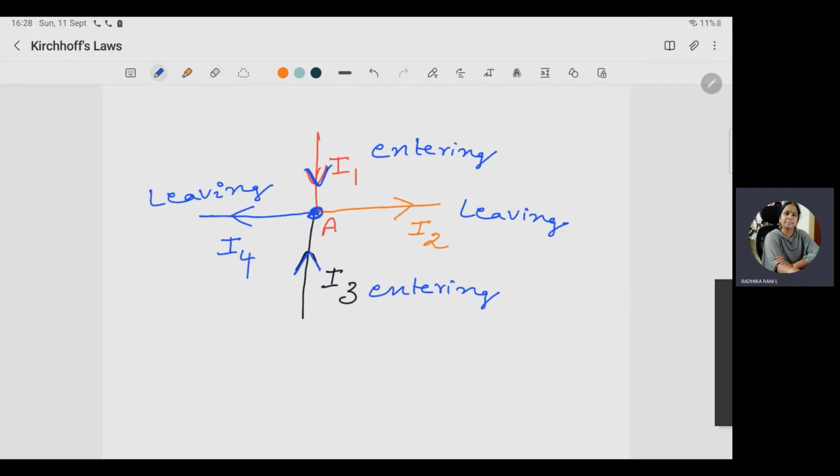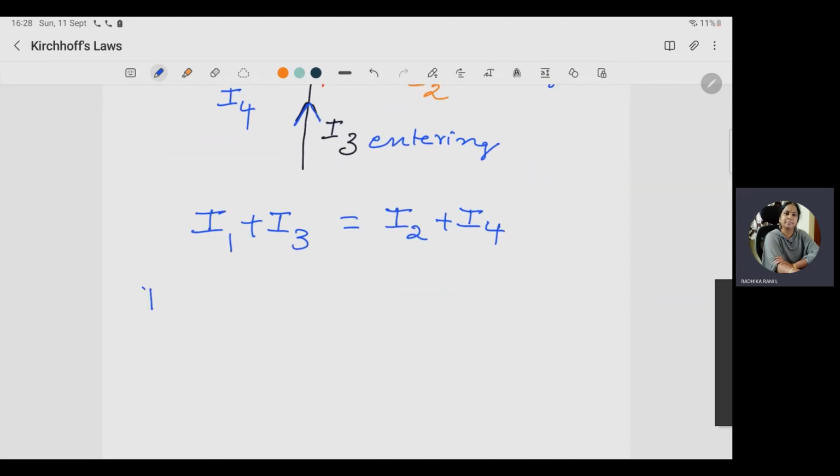I1 and I3. What are the leaving currents? I2 and I4. So I1 plus I3 is equal to I2 plus I4. Or you can write I1 plus I3 minus I2 minus I4 is equal to 0.